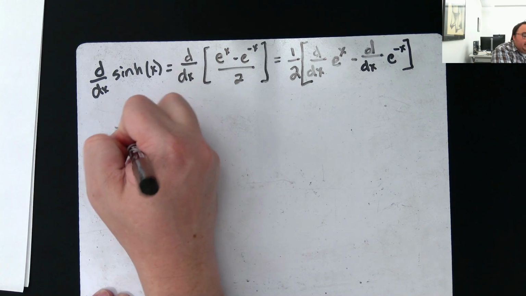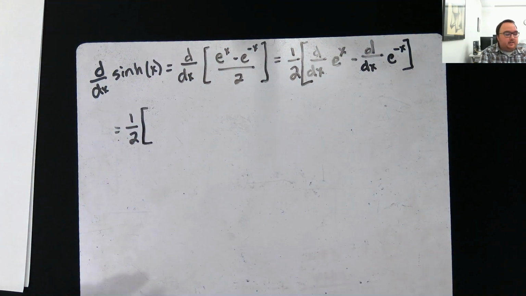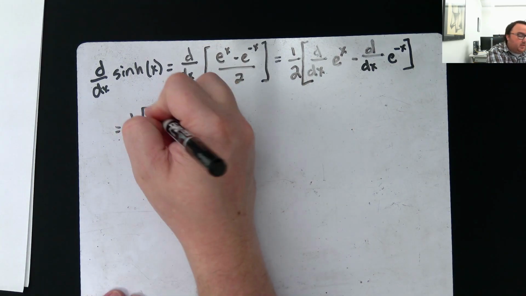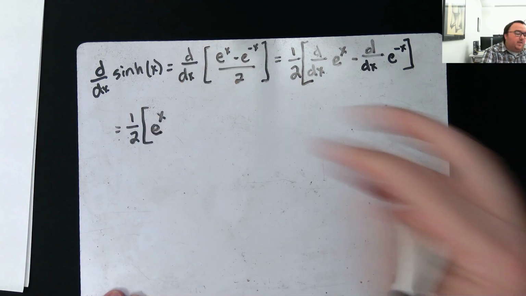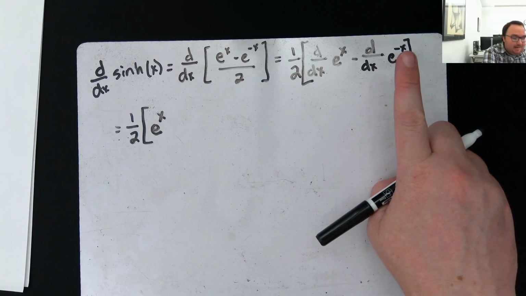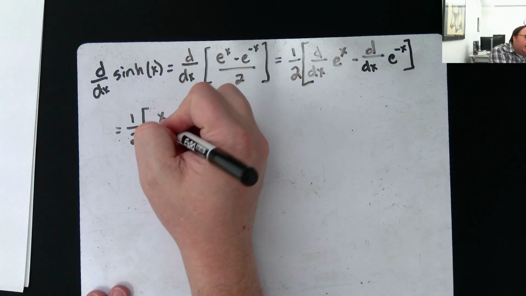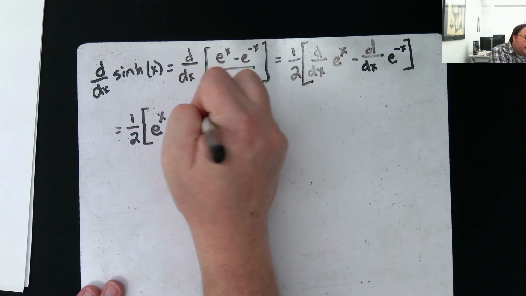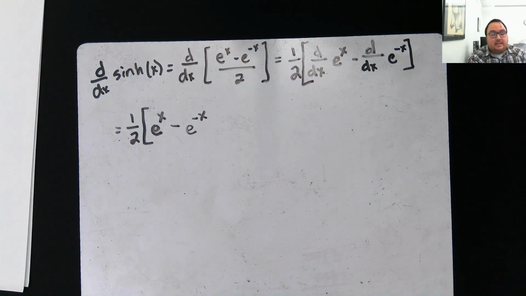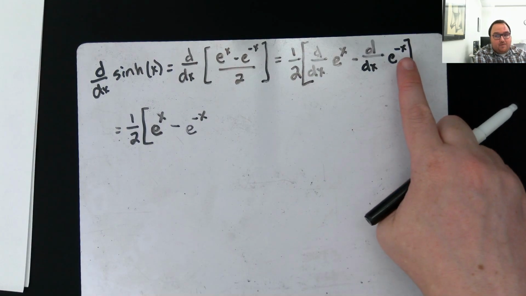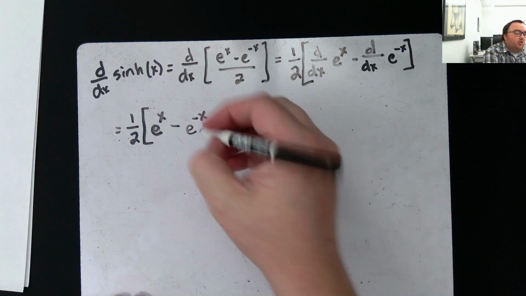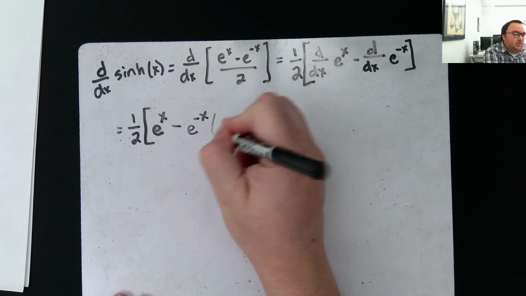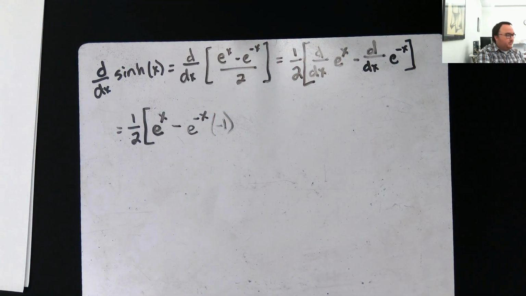The derivative of e to the x we know is just e to the x. That's why we like e, because e just stays e. And then the derivative of e to the negative x: e just stays e, so e to the negative x. However, since I have e to the negative x, I need to multiply that by the derivative of the negative x, which is negative 1.